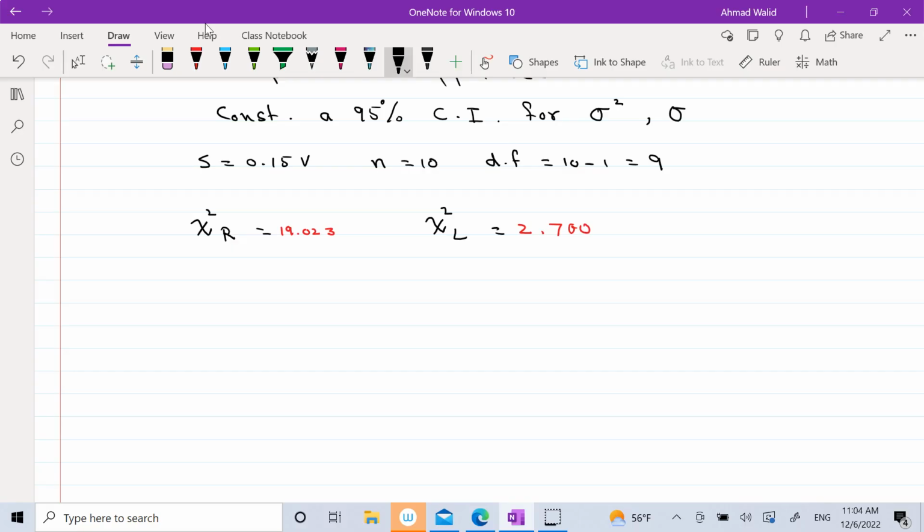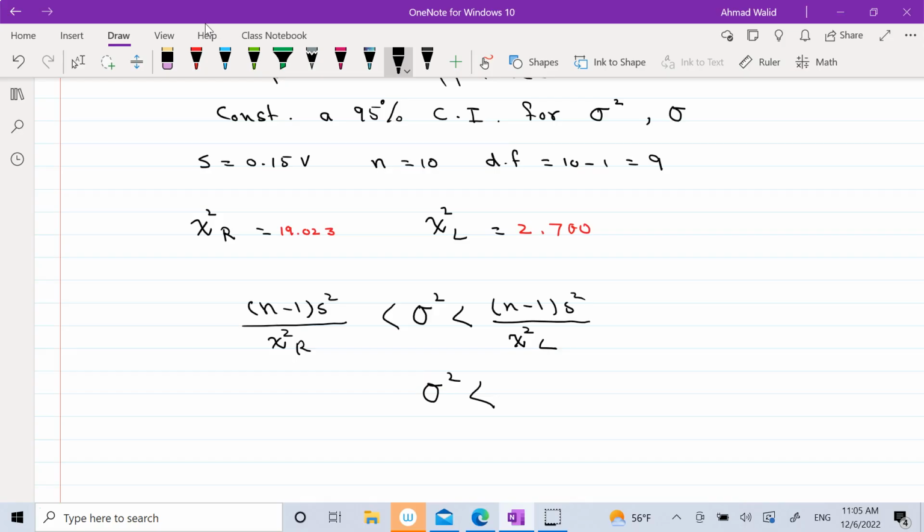It's really easy to build the confidence interval. First, for sigma squared, for variance, it's n minus 1 times s squared over chi squared to the right on one side, and n minus 1 times s squared over chi squared to the left on the other. Here, degrees of freedom was 9, times s squared, it means times 0.15 squared, divided by 19.023, correct?